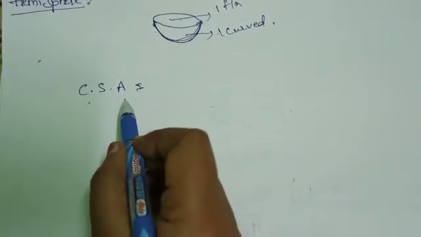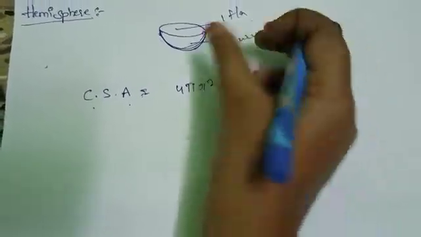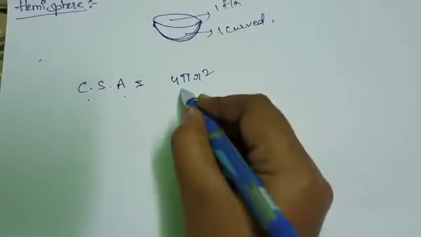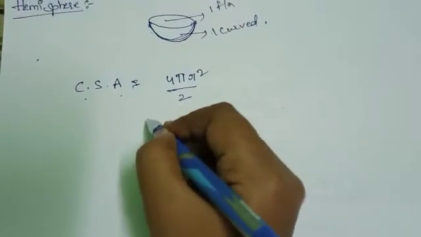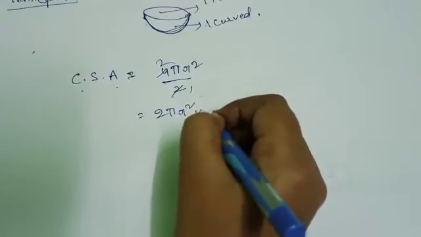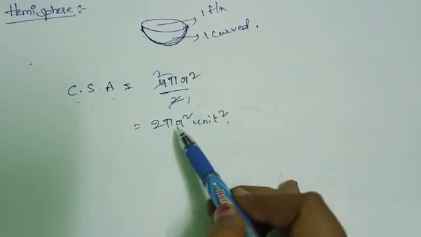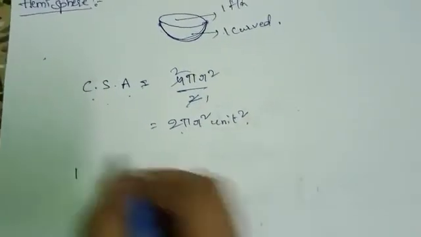Curved surface area of sphere equal to 4 pi r square. This is the half of the sphere. So by 2, which is equal to 2 pi r square. Units are unit square. Curved surface area of hemisphere equal to 2 pi r square.